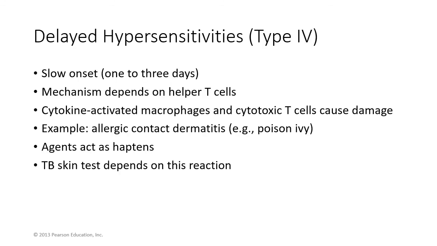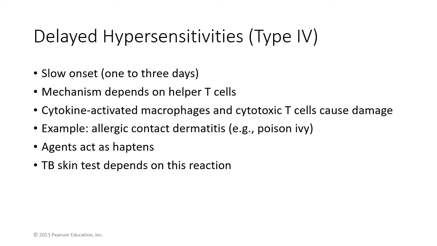Now, delayed hypersensitivity, or type 4, is slow onset, 1 to 3 days. Normally it's something that's topical and works through the skin. And this mechanism depends on T helper cells. Cytokine-activated macrophages and cytotoxic T cells are the ones that really cause the problem.